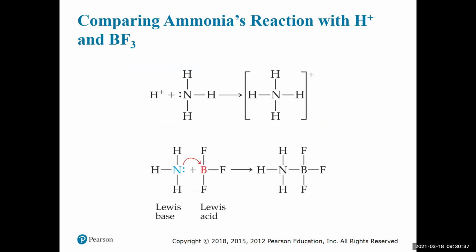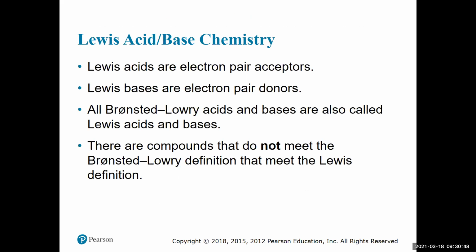So I wouldn't spend a lot of time worrying about Lewis acids and bases. I think you want to be aware that we mentioned them. I think you want to be aware that Lewis acids are electron pair acceptors and Lewis bases are electron pair donors.